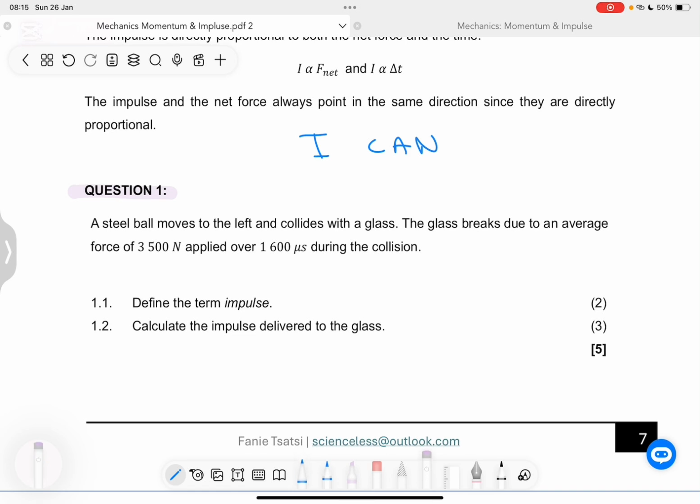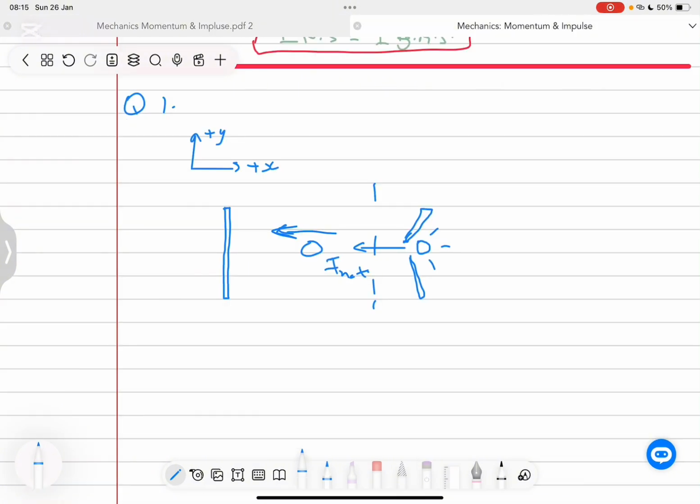And this force, as it collides with the glass, will vary, giving us different forces. For us to take this average, it is applied over a period of 1,600 microseconds. So there is a change in time here.